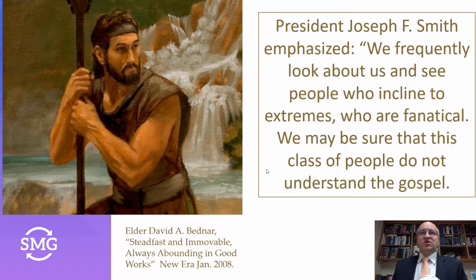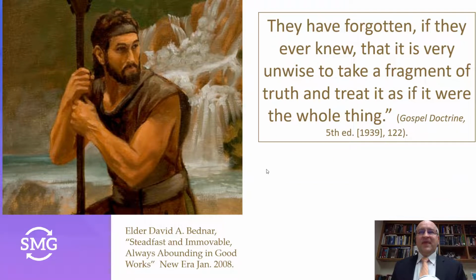President Joseph F. Smith emphasized, we frequently look around us and see people who incline to extremes, who are fanatical, who may be sure that this is a class of people do not understand the gospel. They have forgotten, if they ever knew, that it is very unwise to take a fragment of truth and treat it as if it were the whole thing.